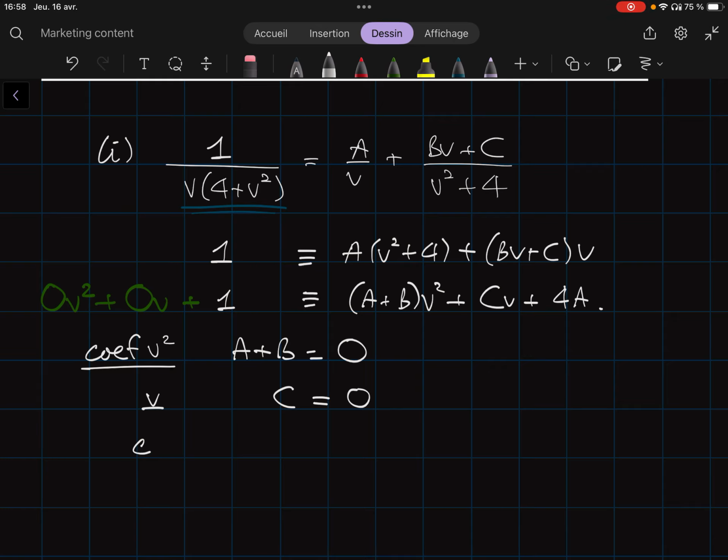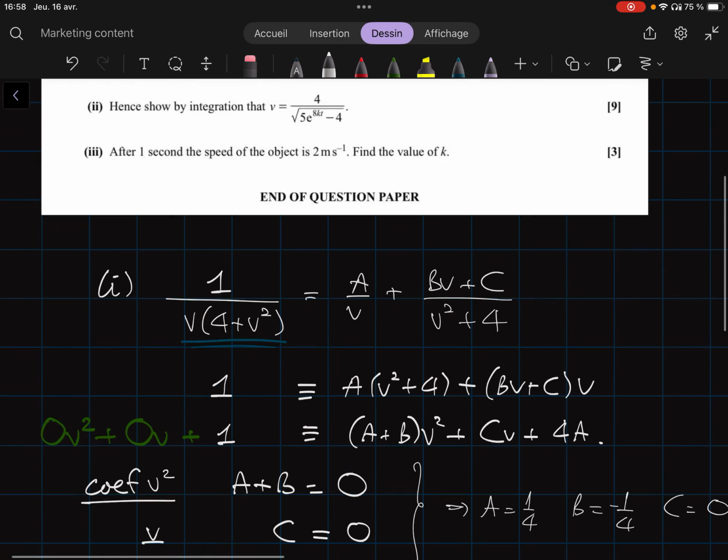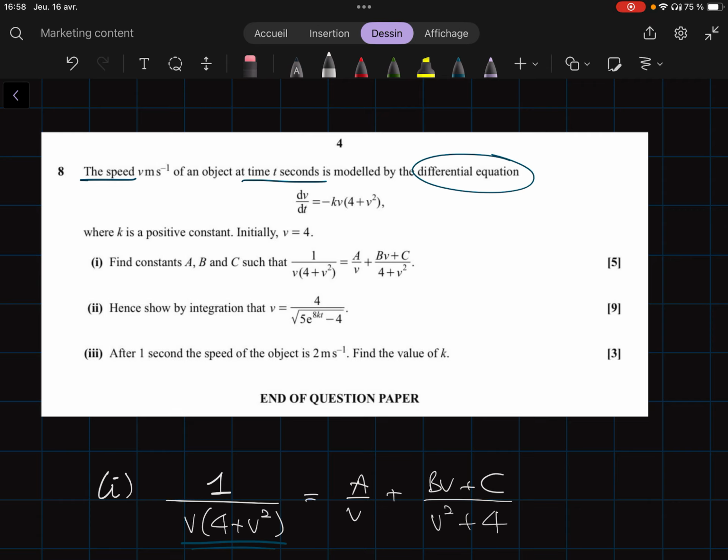And if we look at the constant term, 4a is equal to 1. Therefore, a is 1 by 4, b is negative a quarter, and c is 0. Easy peasy. Part 2. Now we would like to solve this equation.